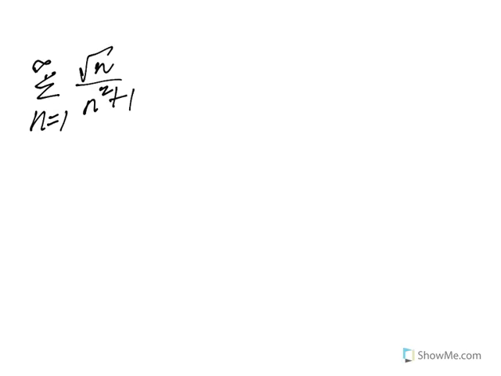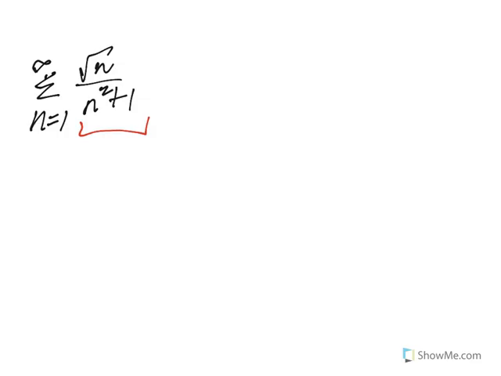All right, here's our original problem. If you take a look at the sequence, it definitely goes to 0. When I L'Hopitalize that, it is bottom heavy, so it's going to go to 0. I'm not going to show you that to save a little time. The plus 1, the root n on the top, and the n squared on the bottom tells me that it's super close to a p-series, just not quite close enough.